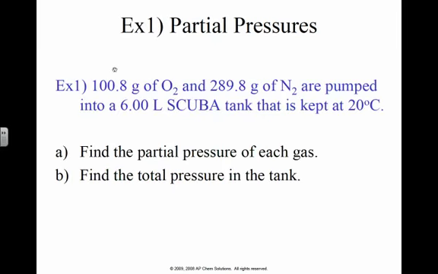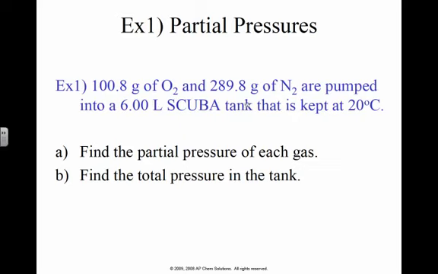So if I have 100.8 grams of oxygen and 289.8 grams of nitrogen pumped into a 6-liter scuba tank at 20 degrees Celsius, find the partial pressure of each gas, then find the total pressure. Well, I can convert grams to moles, then I'll have n, then I'll have V, then I'll have T, and solve for pressure.